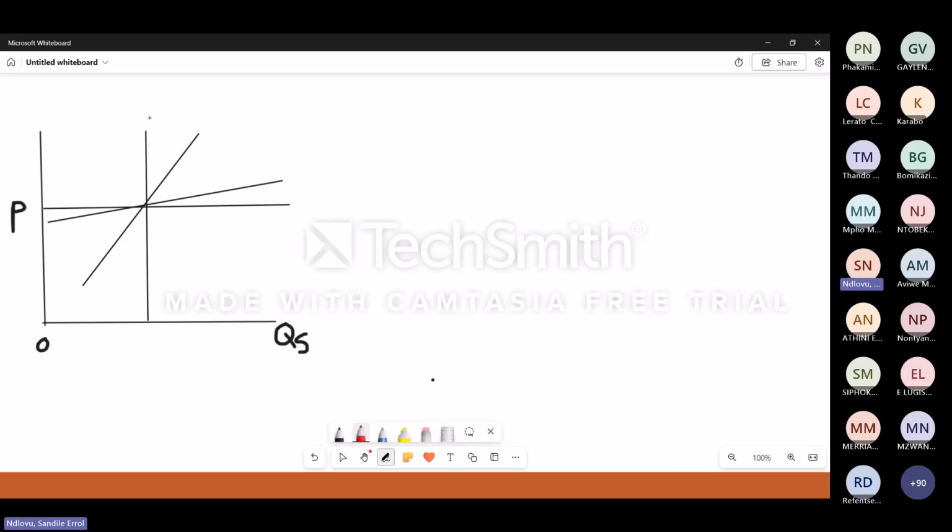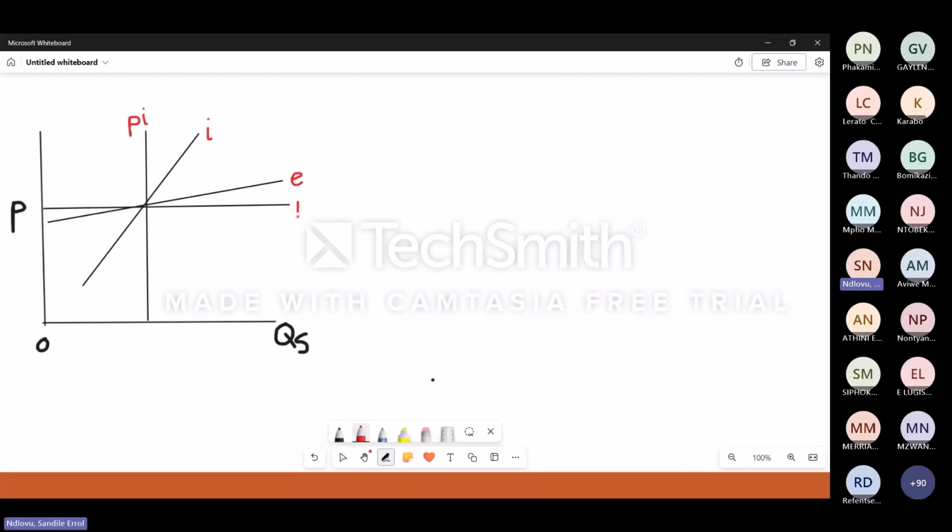So this would be inelastic. Just put an I. Perfectly inelastic, so I'll just put PI. And then here I'll put I for inelastic. Here I'll put an E for elastic.